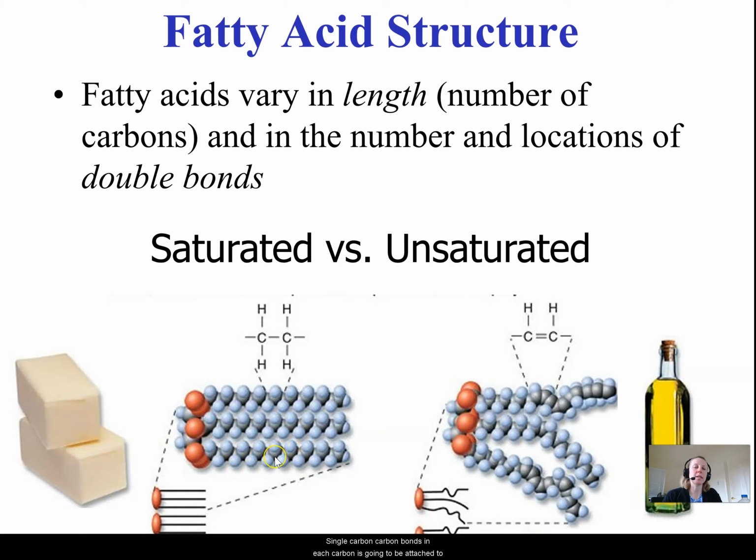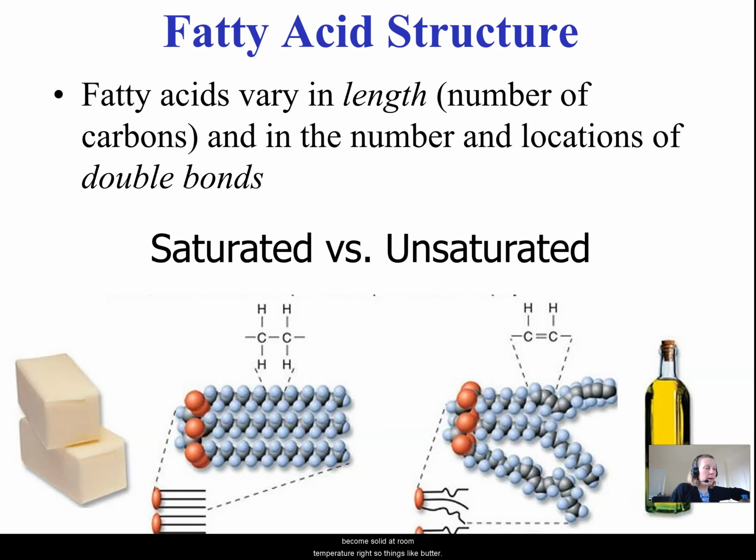Each carbon is attached to hydrogens along its length as well. Because of that, these fatty acids pack really nicely on top of each other like this, and as they pack nicely, they solidify and become solid at room temperature.